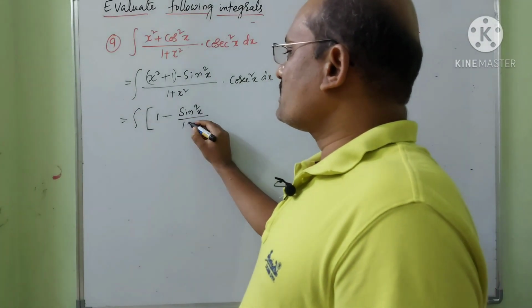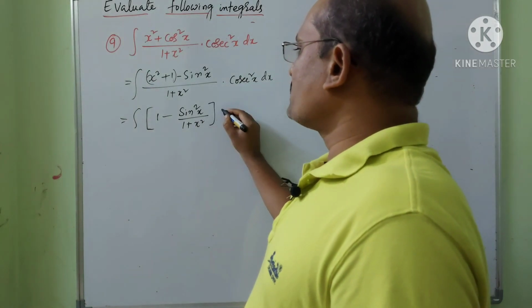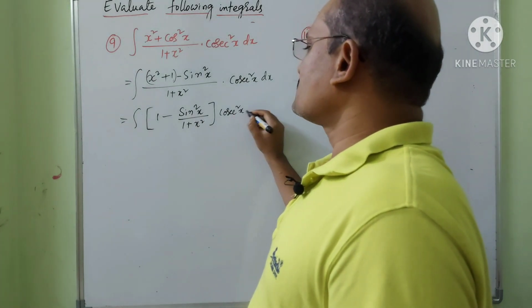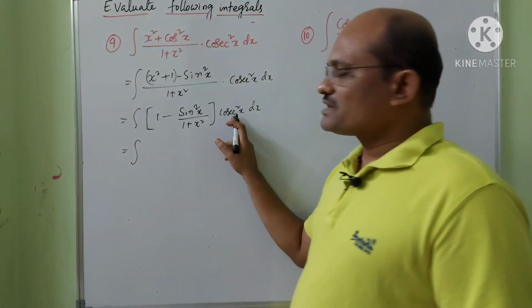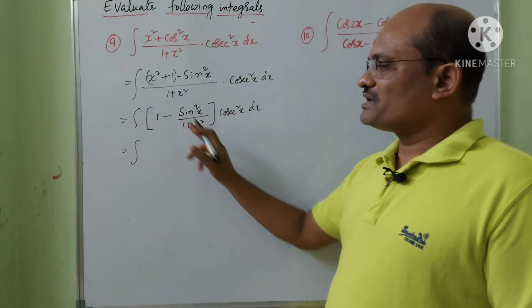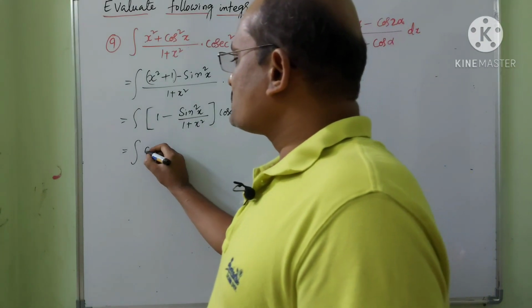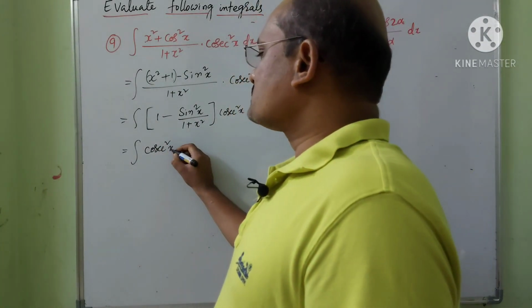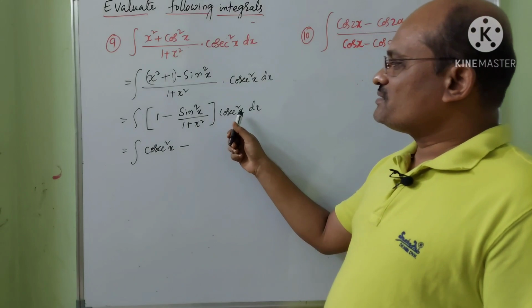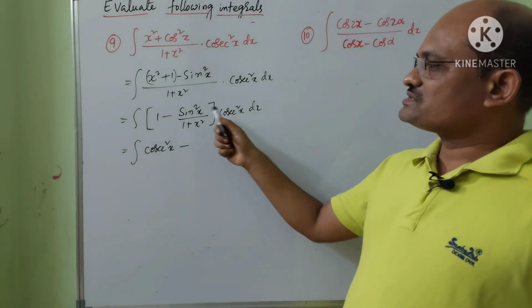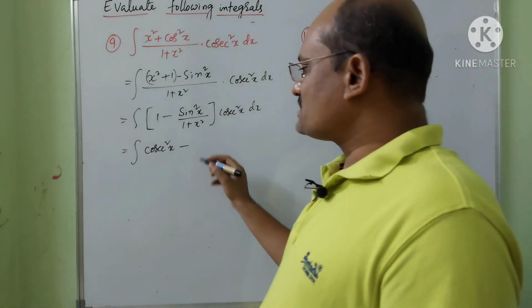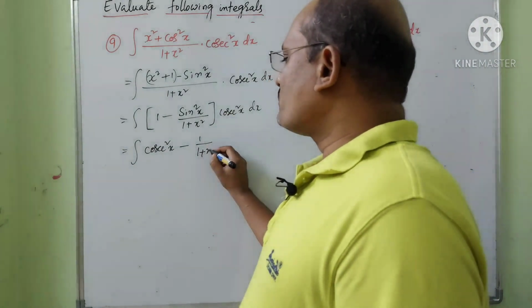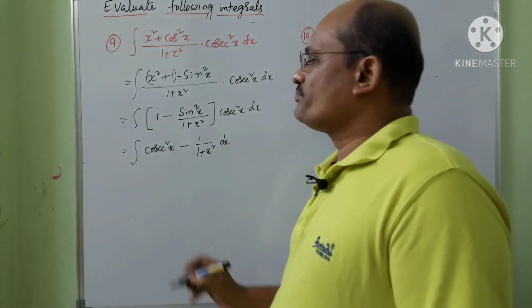Next, sin square x by 1 plus x square into cosecant square x dx. This cosecant square x is for both terms, so multiply with the bracket. 1 into cosecant square x is cosecant square x, minus, if you multiply cosecant square x with this, cosecant square x and sin square x get cancelled because they are reciprocals. You will get 1 by 1 plus x square dx.